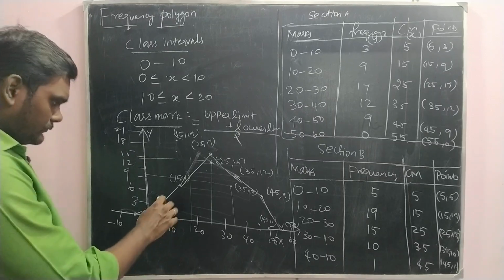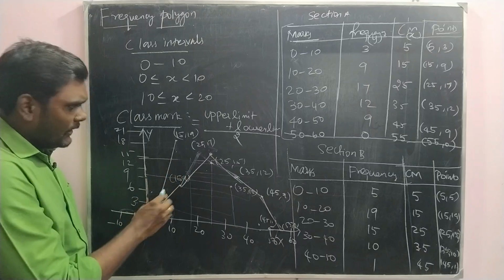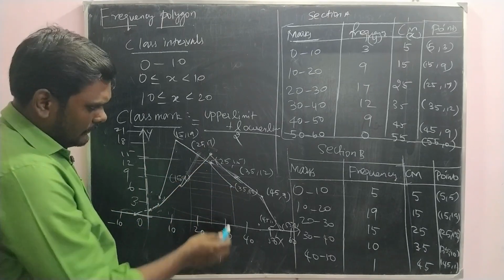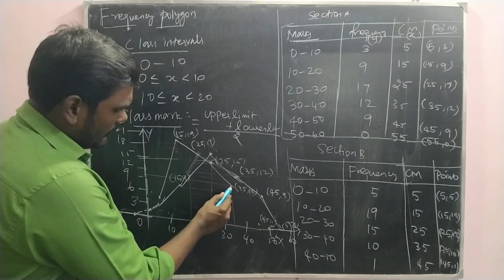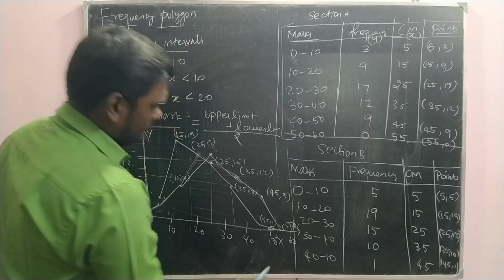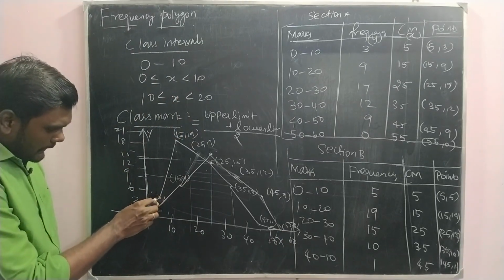That's all. See these points you have to calculate, right? From here to here, here to there, here, and then what it is? Yes, here, and then 55 comma 0. Here which interval shall we connect? Same point.